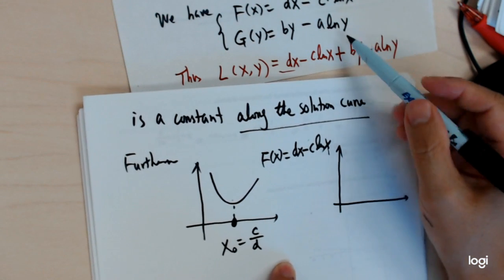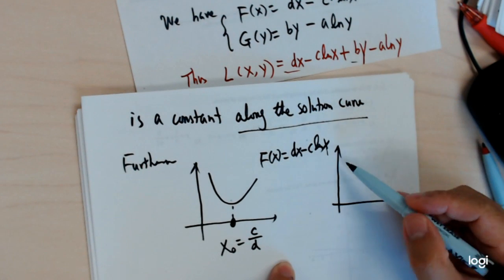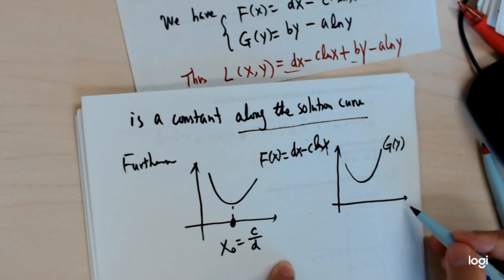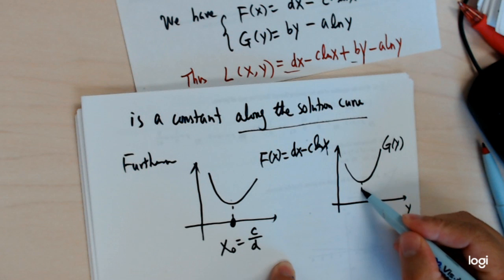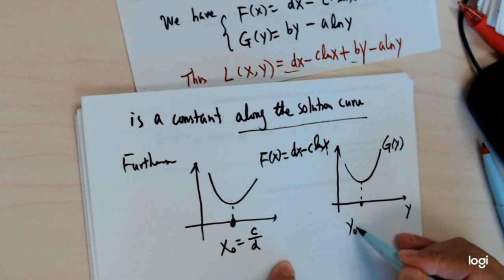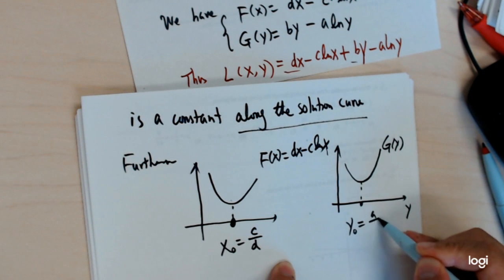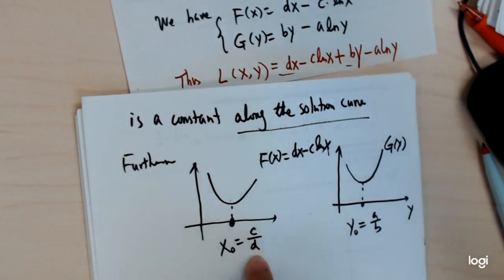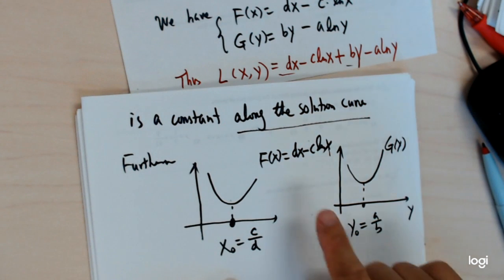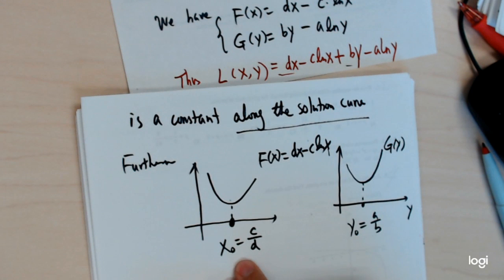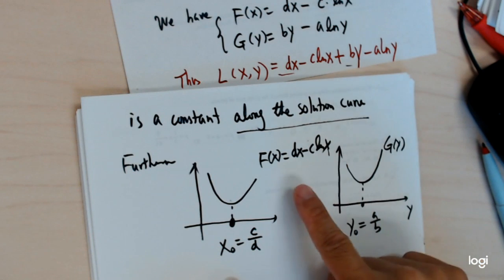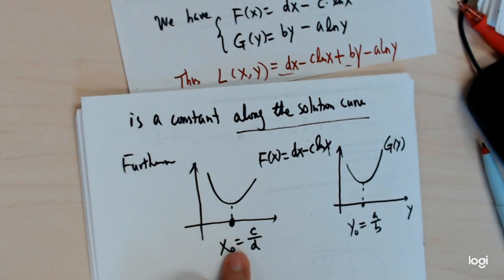The function g, which is the guy back there, here is g of y. The g of y also achieves the minimum at y naught equal to a over b. And notice that is precisely the equilibrium point. So because f achieves the minimum at x naught, g achieves the minimum at y naught, the sum achieves the minimum at this point and this point.